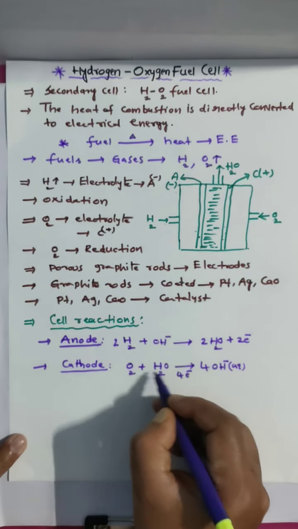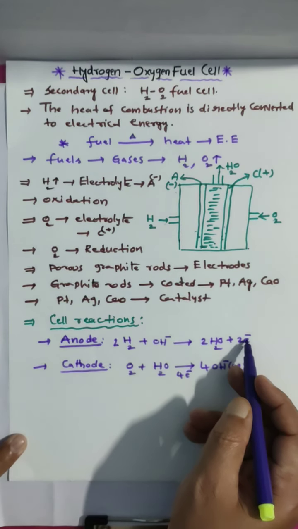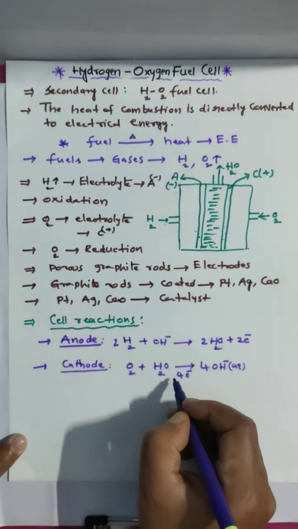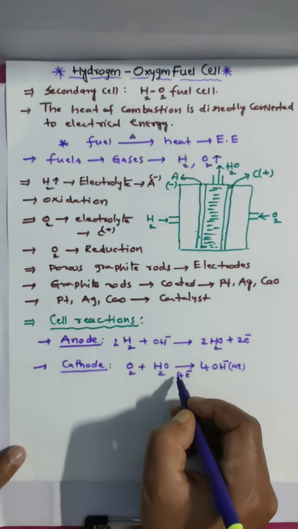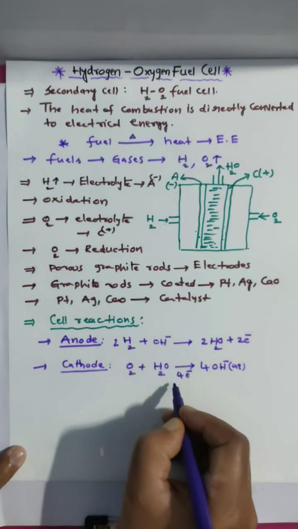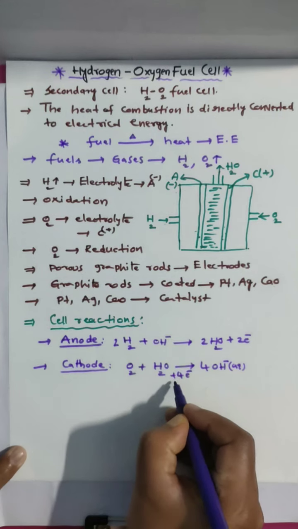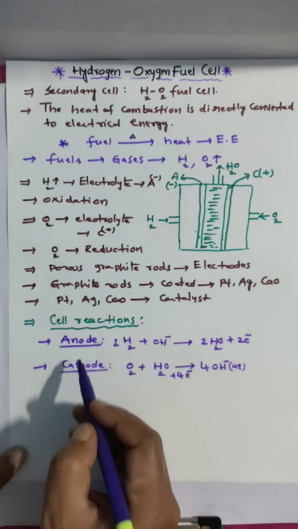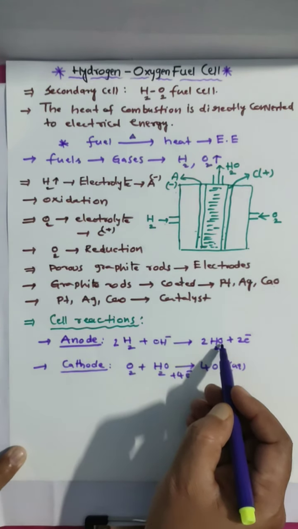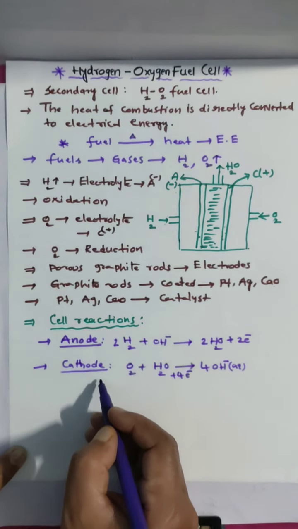Here 4 electrons are taken, whereas at the anode electrons are released, a loss of electrons. So 4 OH minus is formed. So at the anode oxidation, at the cathode reduction.